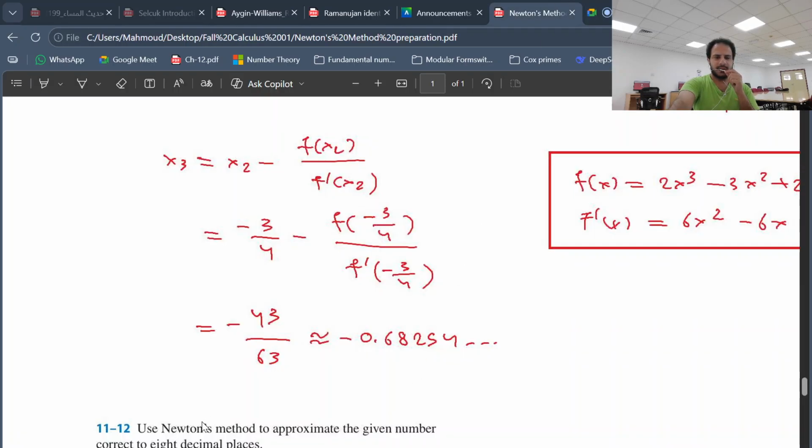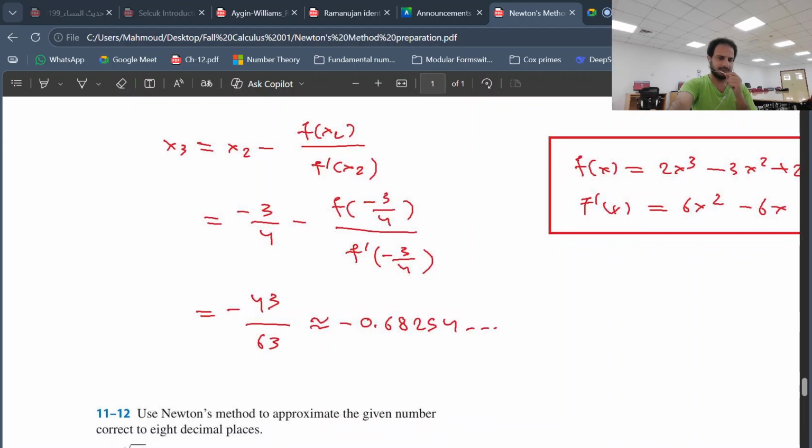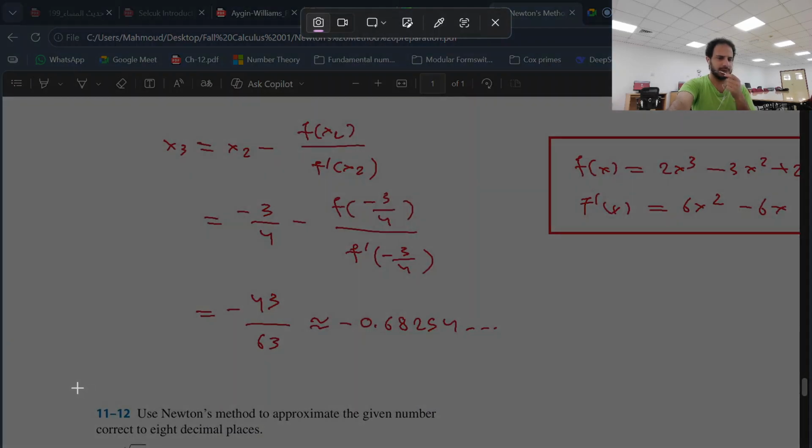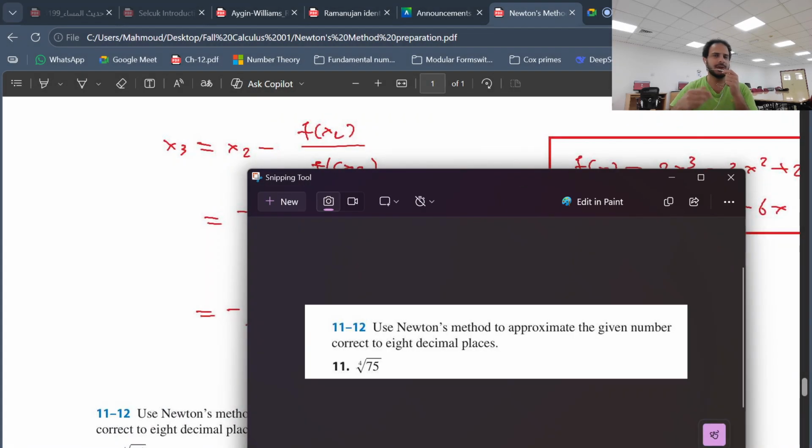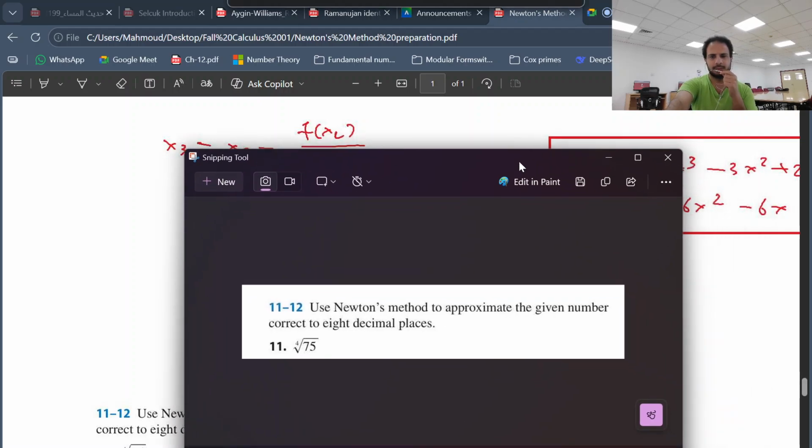Now let's solve this example. It will be a multiple choice quiz, and it will be very nice, and we will have two quizzes, one for mean value theorem and one for Newton's method. The total of the two quizzes will be 5, but I will make one quiz 2.5 and the other 3 points, so you will have 0.5 bonus.